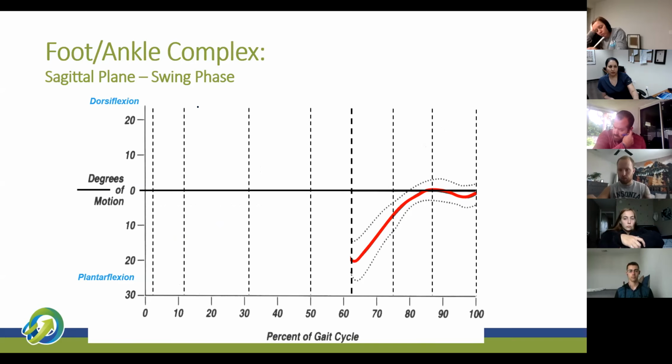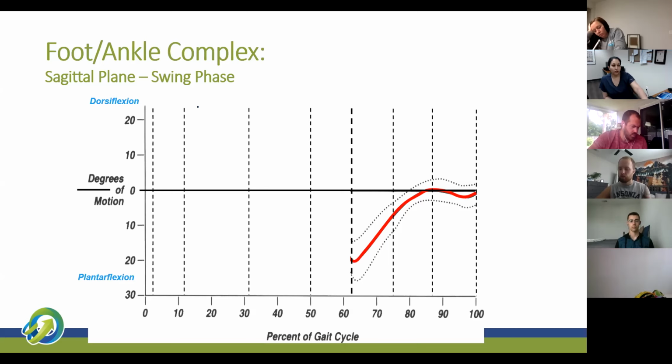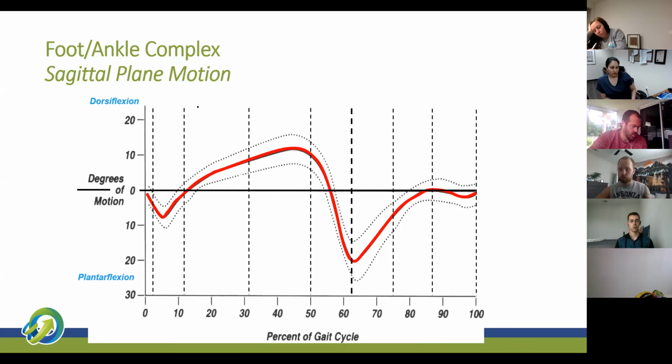It's a summary of everything that's occurring from initial to terminal swing. That's the whole summary of what's going on at the sagittal plane of the ankle.